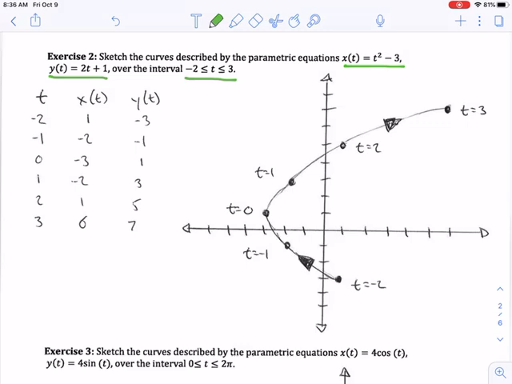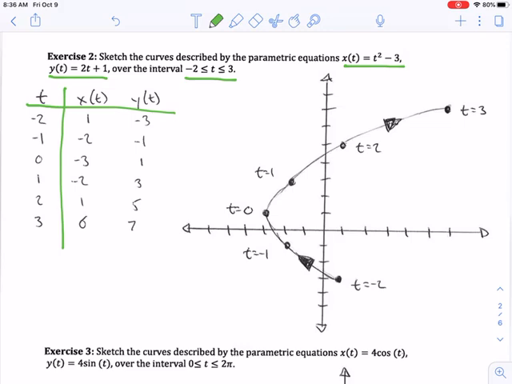So the process is exactly the same as in the last problem. We're going to make a little table of values, and I am going to put in the values of t between -2 and 3 as integers, and then we're going to determine the values of x of t and y of t.